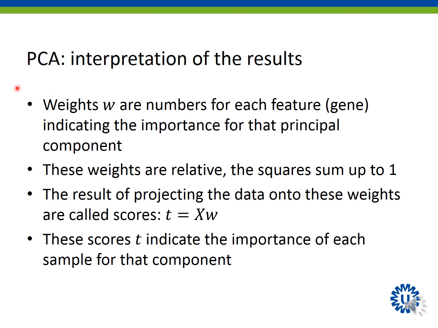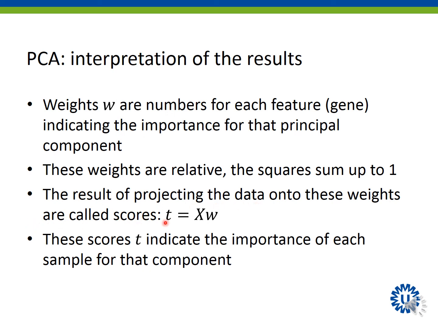So how do you interpret the results, the components? First of all, the weights, w, are numbers for each feature, let's say each gene, indicating the importance for that principal component. So how important is gene 1 or gene 2 for that principal component? Now, if the weight is 0, that means that that gene is not important, and the higher the weight is, the more important. And note that these weights are relative. The squares sum up to 1. The result of projecting the data onto these weights are called scores.